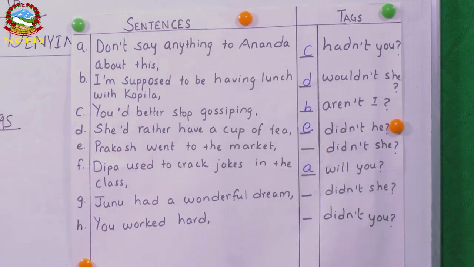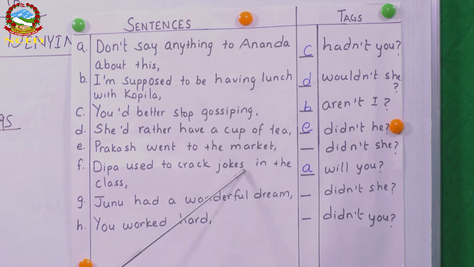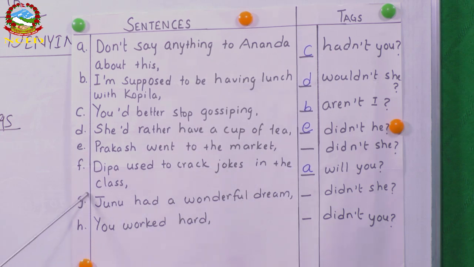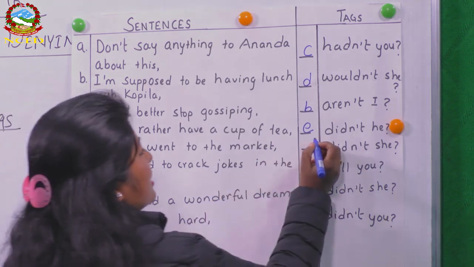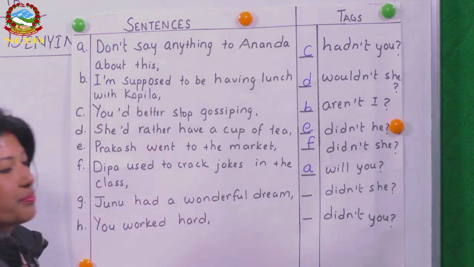Right? Number F. Deepa used to crack jokes in the class. So Deepa is female, so she. When there is used to, we use what, which form? Did. Okay. So did in a negative form didn't. That's why didn't she. Didn't she is required.